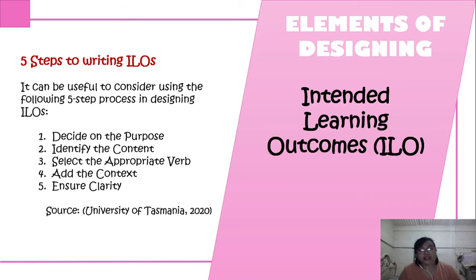In writing the intended learning outcomes, there are 5 essential steps or processes that need to be considered. According to the University of Tasmania, these 5 steps entail first to decide on the purpose, next is to identify the content, then select the appropriate verb, fourth is to add the context, fifth is to ensure the clarity.